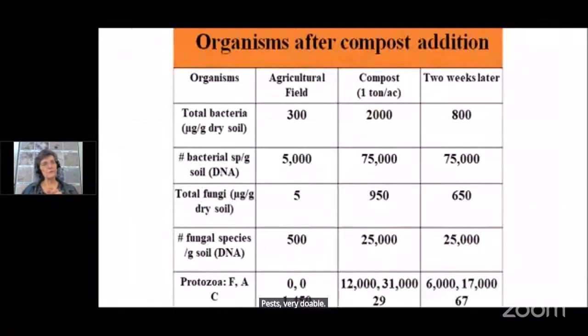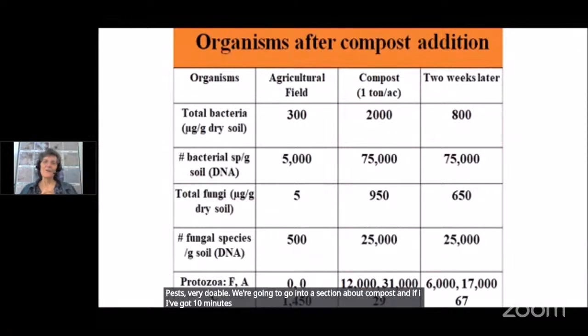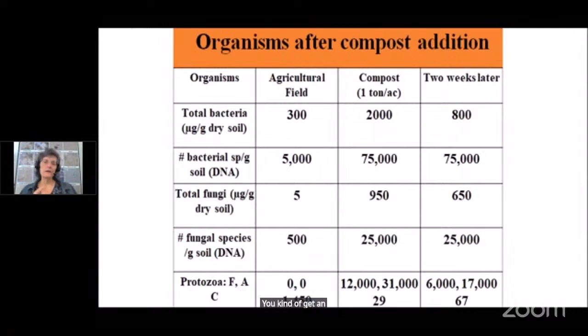We're going to go into a section about compost, and I've got 10 minutes to do this. So I want to first of all go through a very typical scenario with numbers of these organisms, so you get an idea of what we want in that compost. First of all, we're going to look at an agricultural field.